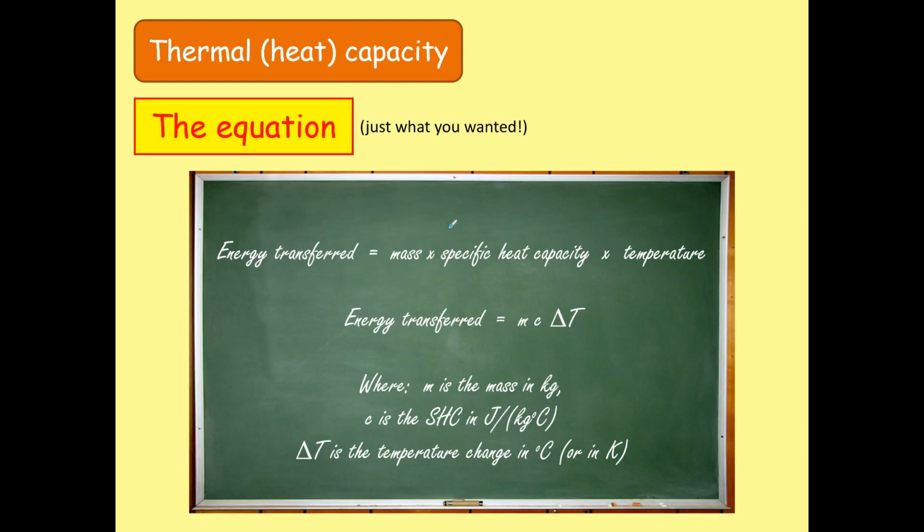So let's get into the numerical version of this. What is thermal capacity? It is the energy transferred to a specific mass with some specific heat capacity at a certain temperature.